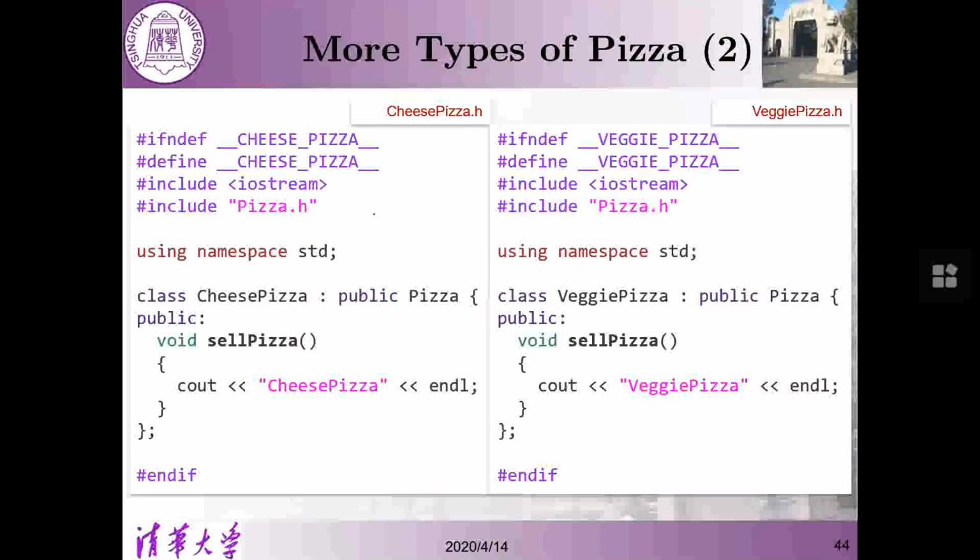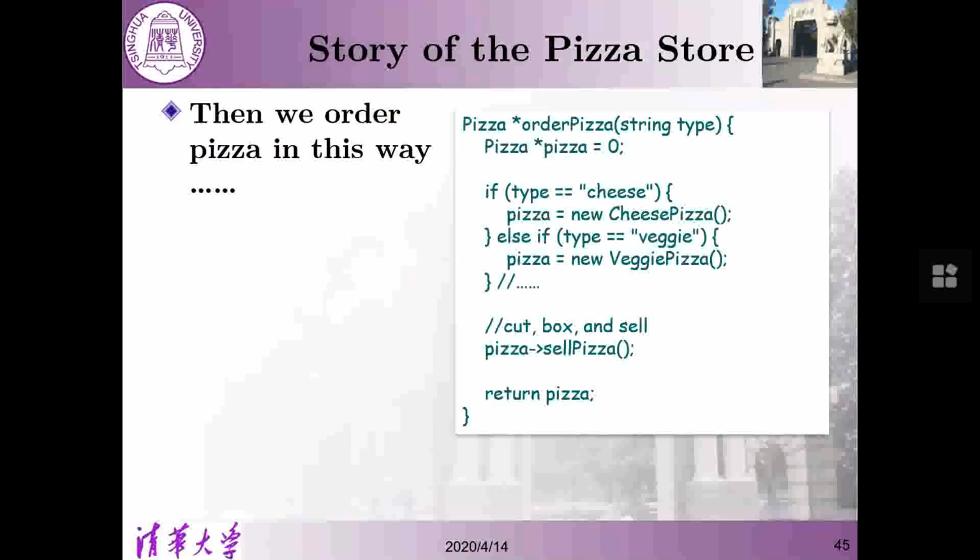Then we have different types of pizza, like cheese pizza, which overrides sellPizza. Actually, we will only print something. However, this part should be much different, because making cheese pizza and making veggie pizza are completely different. This is how we design the pizza inheritance hierarchy, or the pizza family.